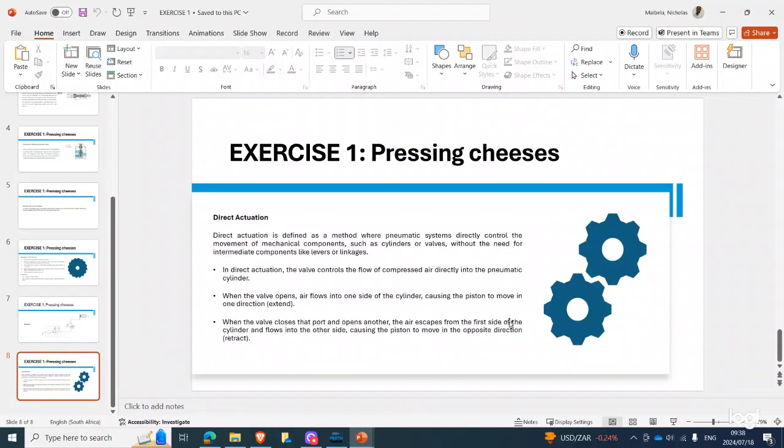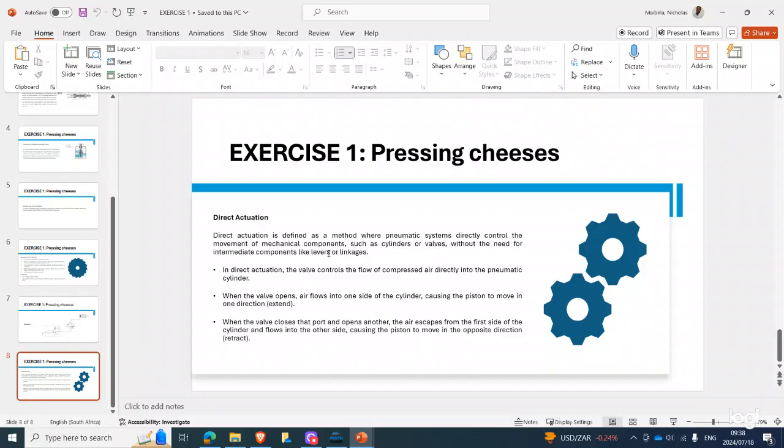Direct actuation is a method in pneumatic systems used to directly control the movement of mechanical components such as cylinders, or valves, without the need of an intermediate component like levers or linkages.